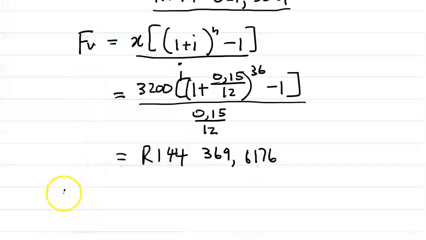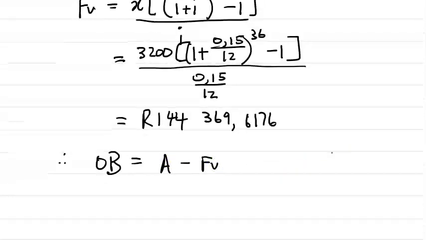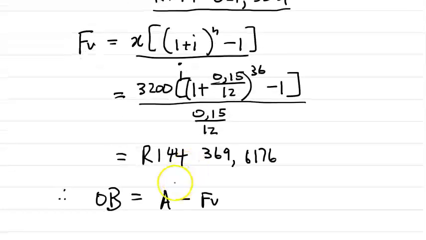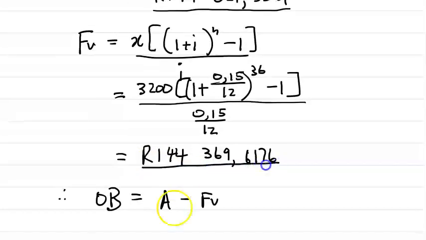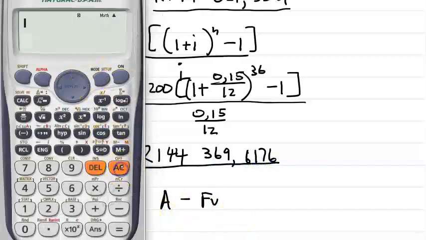Therefore, the outstanding balance on the loan is A minus FV. So we substitute. Let's now put that in our calculator.